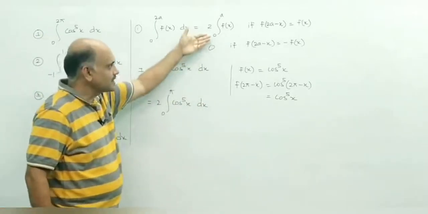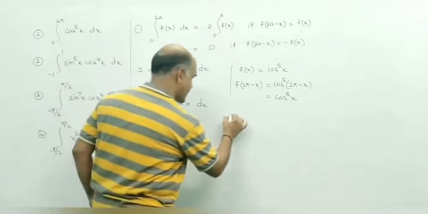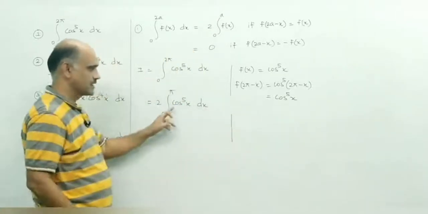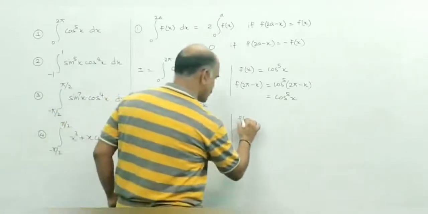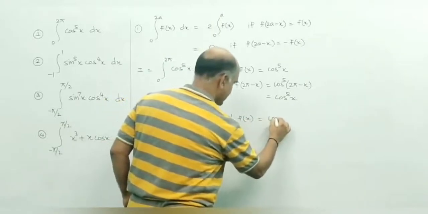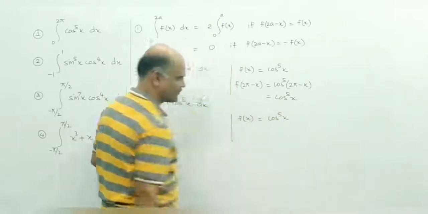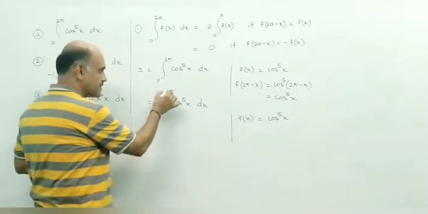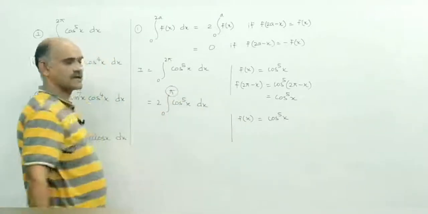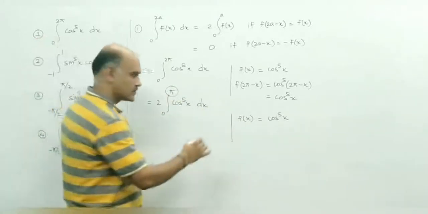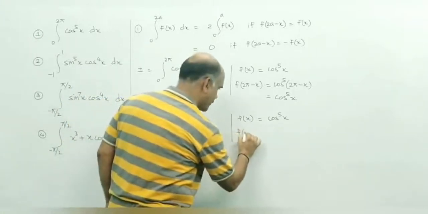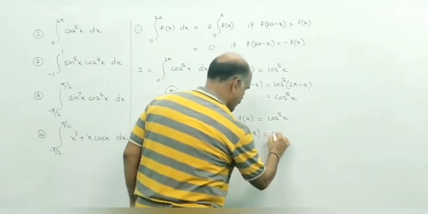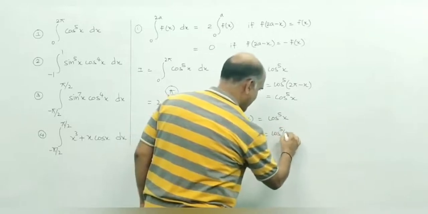Now again apply this property over here. Now f of x is cos raised to 5x. Now 2a is pi. So if I take f of pi minus x, cos raised to 5 of pi minus x.